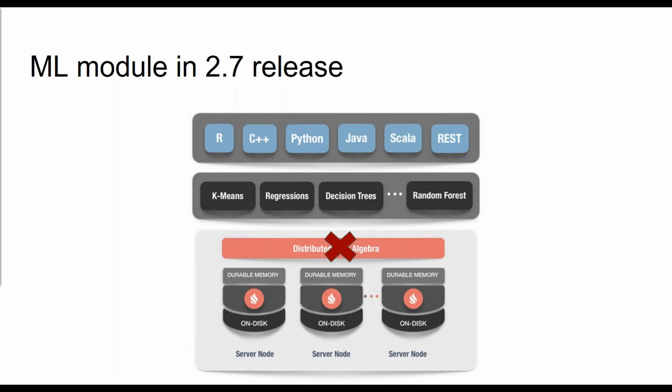You should understand that in the previous releases, we implemented all algorithms via the common distributed algebra that did not take into account the peculiarities of algorithms. It reminds of the Mahout approach, if somebody of you used Mahout in production. But in release 2.7, the majority of algorithms are implemented via partition-based datasets. It's like RDDs in Spark, but has, of course, a different internal structure.